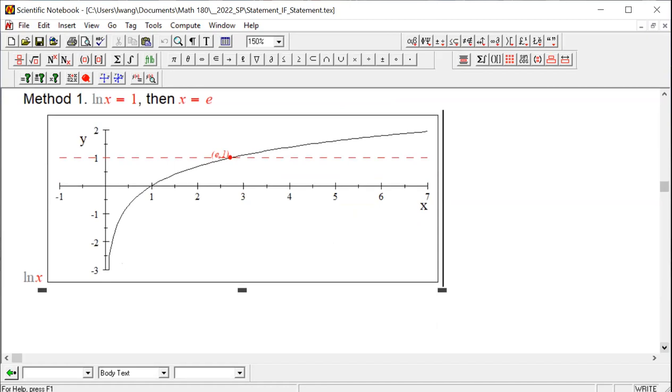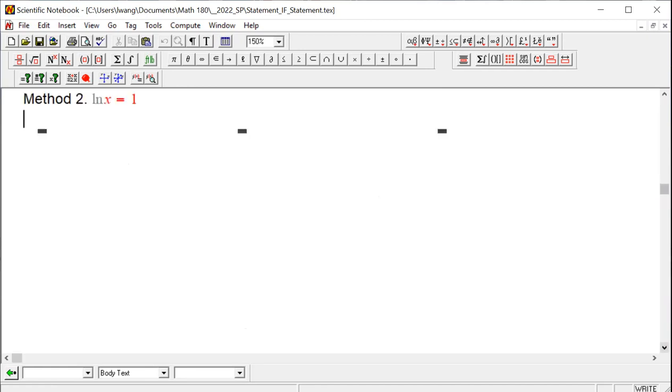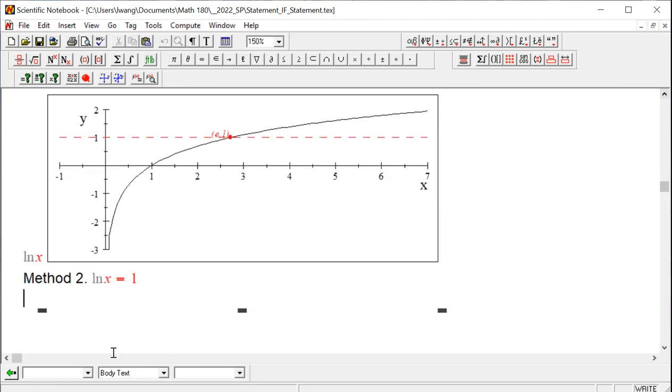Method 2. The second method, of course, is the definition. And what is a definition? Do you still remember the definition? All right, so let's review the definition.